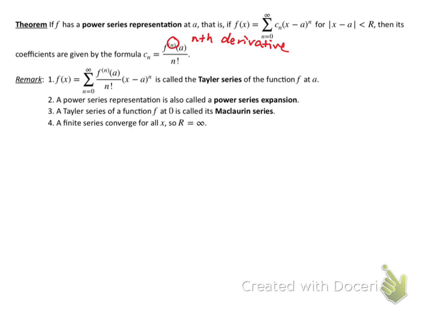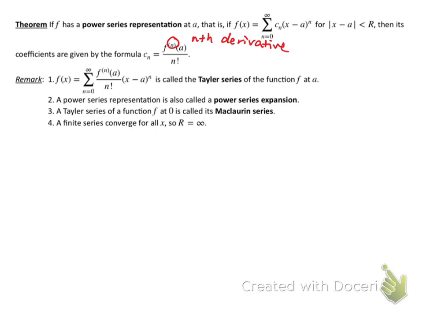So this power series, the sum of the nth derivative of f evaluated at a over n factorial times x minus a to the nth power, is called the Taylor series. This is the Taylor series of the function f at a. And a power series representation is also called a power series expansion. Okay, so you are looking for a power series to represent the function.